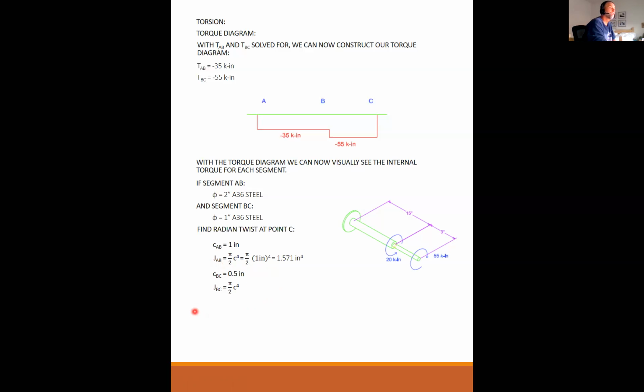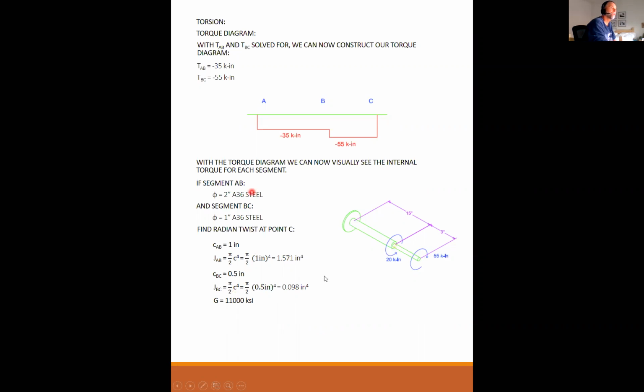So the polar moment of inertia is pi over 2 c to the 4th. Put the 1/2 inch in there, and look at this. You reduce the radius by half, and the polar moment of inertia is like 1/100th or 1/1000th of what it was before. It's really amazing. So this little portion is going to be much more flexible than the rod of twice the diameter.